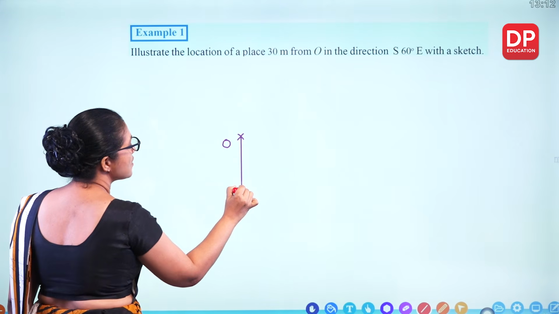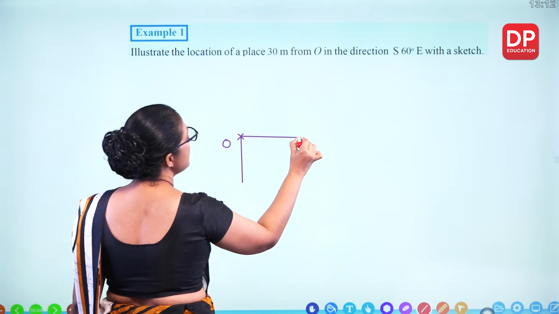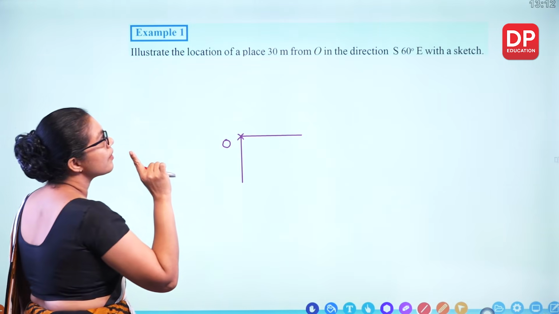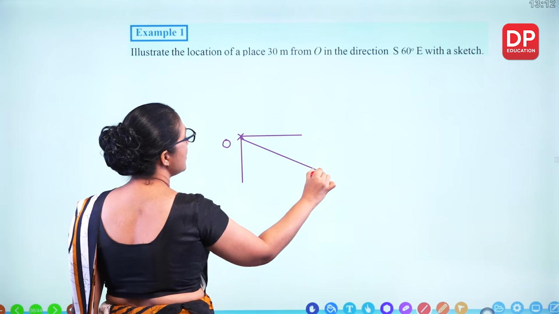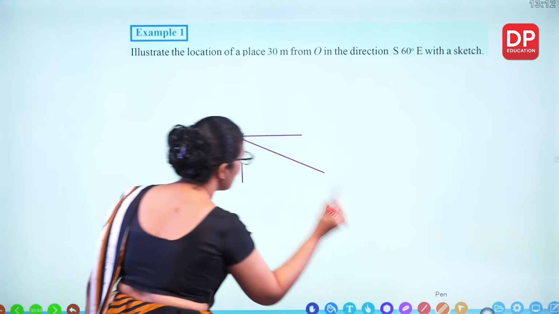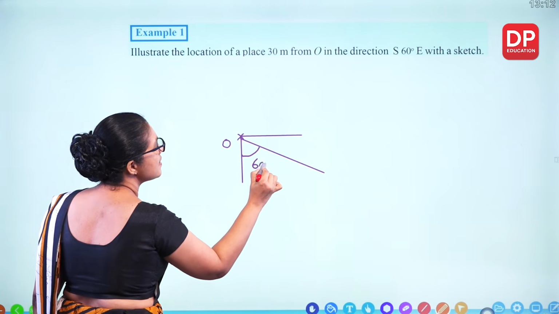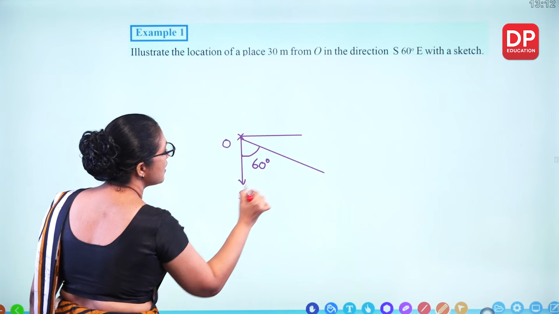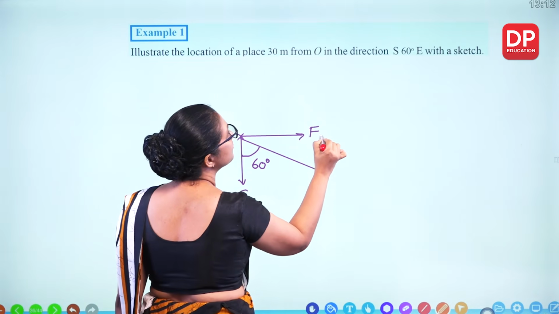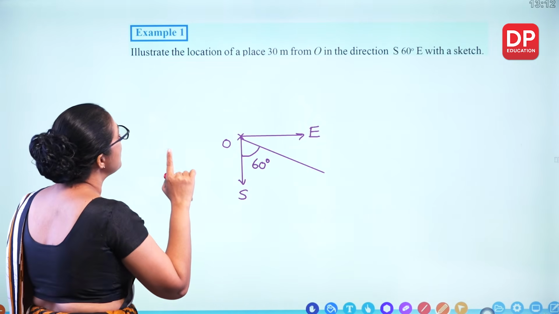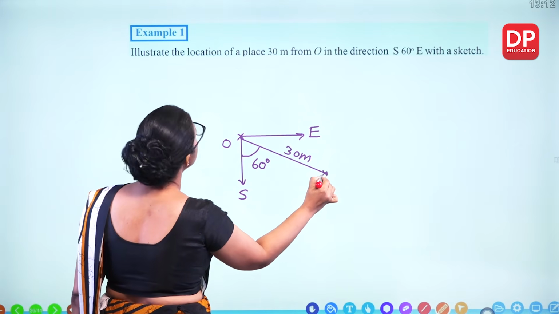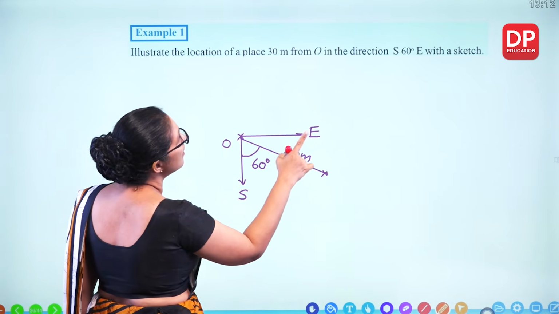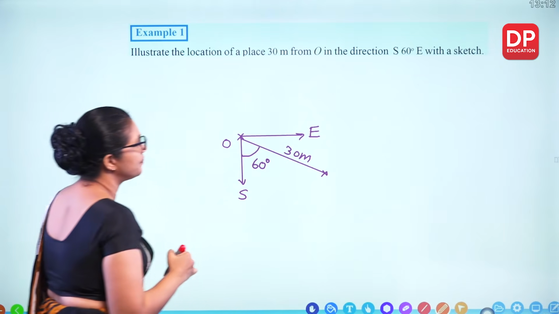So you have to draw the south direction and east. 60 degrees from south, so somewhere here. This is 60 degrees, this is south and this is east. And how many meters? This is 30 meters from this place. This is the point.